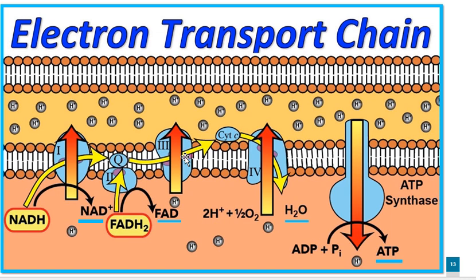Upon reaching complex 3, the electrons are passed to an electron or protein acceptor, cytochrome C, which then passes them on to complex 4. In here, there is water involved. The water must split into hydrogen and oxygen. Again, with every electron pass in every complex, hydrogen ions are pumped out.